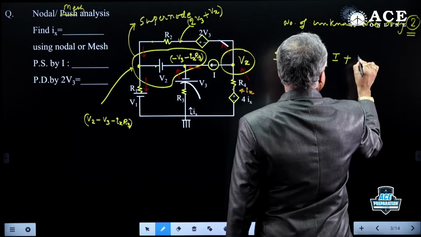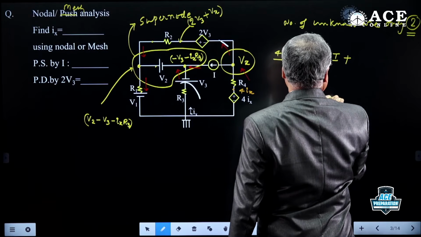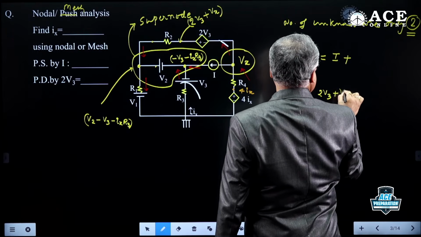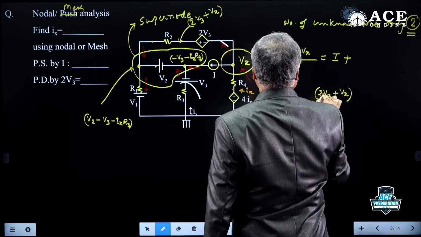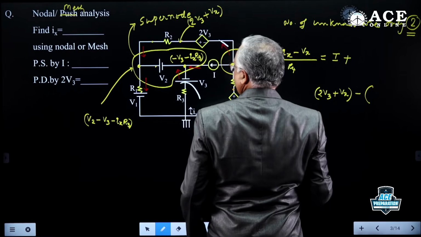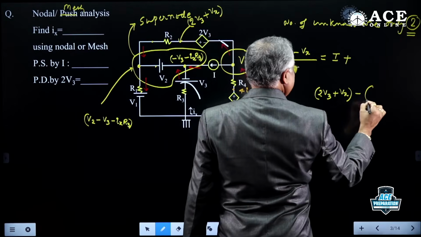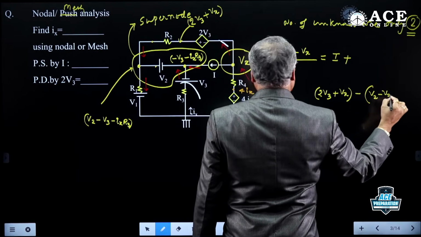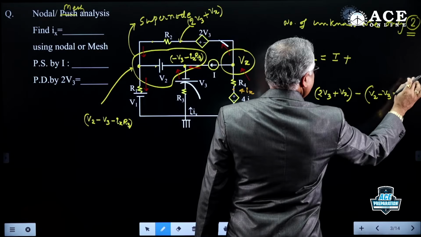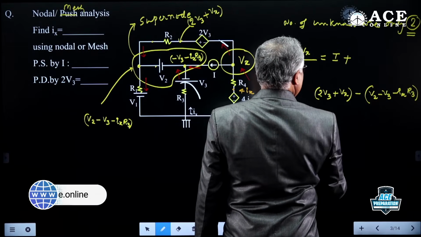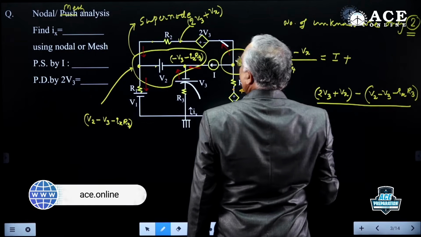So 2V3 minus of V2 minus V3 minus Ix R3 by R2.